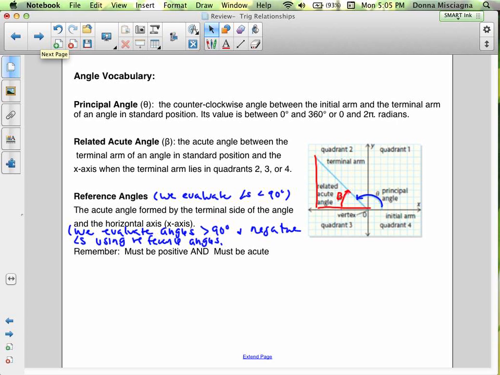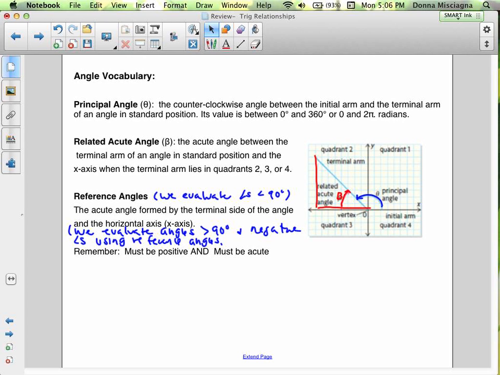And the values are going to have the correct sign. Right? So that triangle is in the second quadrant. The adjacent side, x, is going to be negative because that's the sign of the values of x in the second quadrant. Right? So that's how we can use that related triangle, which is created with our related angle, to evaluate angles that are greater than 90 degrees.